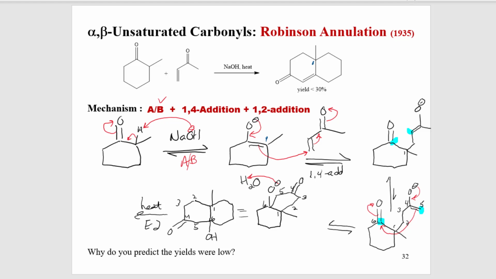So I should probably add plus E2 after the 1-2 addition. Right, so here's our 1-2 addition. 1-4 addition, we have our E2. And so now another equivalent of base, OH minus, can grab the proton and kick off the OH minus, adding more OH minus to our system.